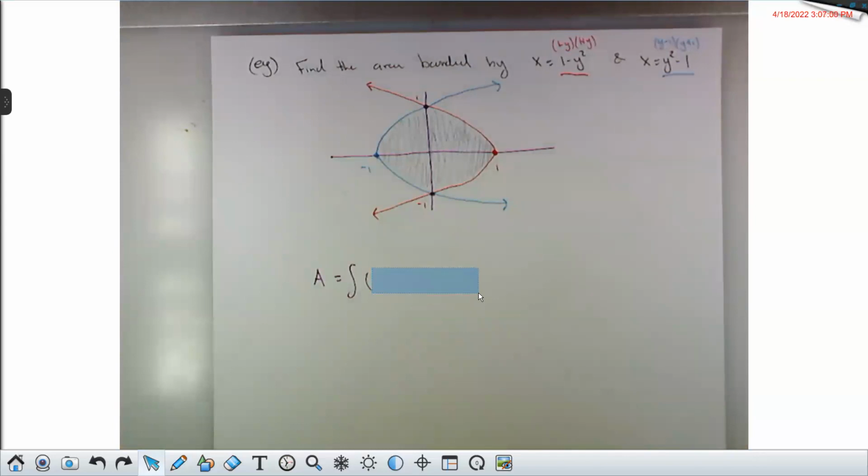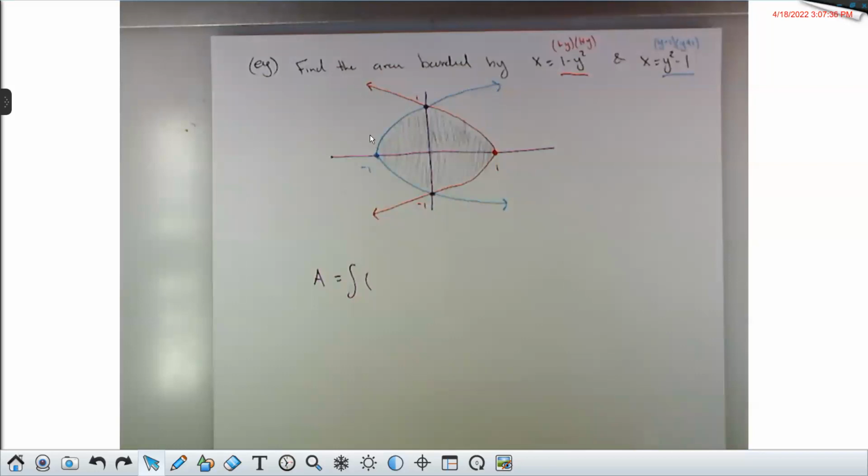What goes in here? Would you set it up like in 4 different quadrants to get the area? We could exploit an awful lot of symmetry here, right? I could find just this area and then double it. I could find just this area and multiply by 4. But let's go ahead and pretend like we're gonna just follow the rules blindly without trying to exploit any symmetry.